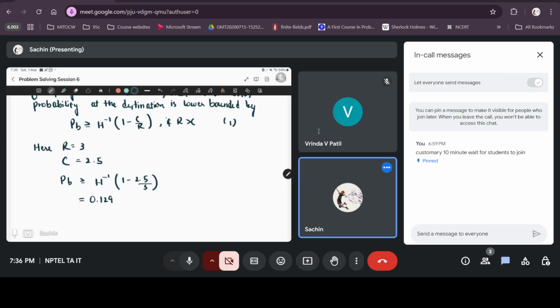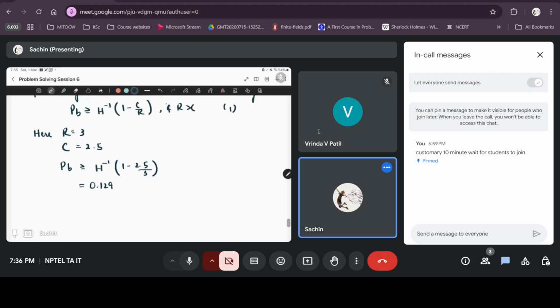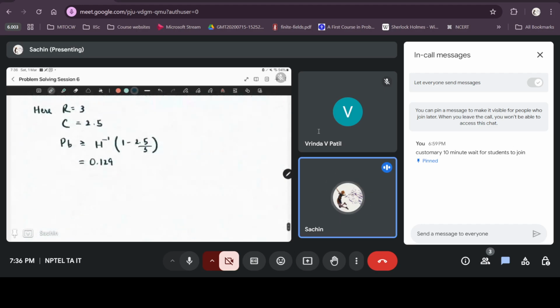Otherwise, if it's for an assignment, then you can probably look it up on the internet. 0.129 is option A.